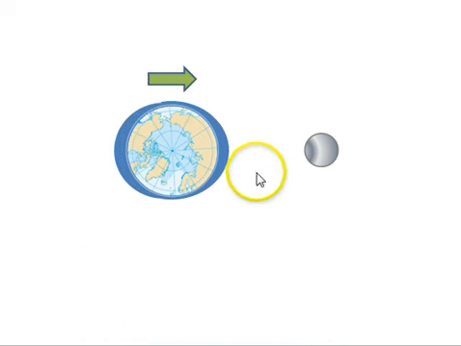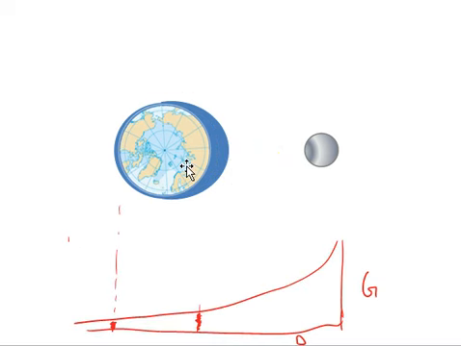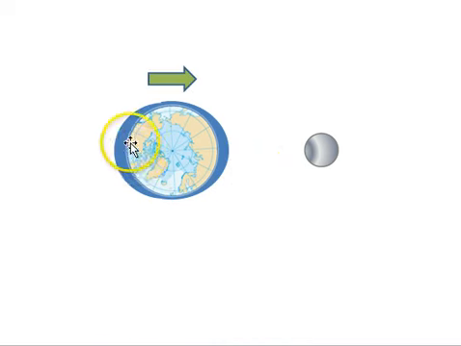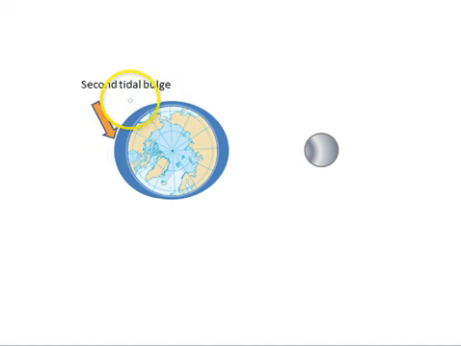So whereas the planet gets pulled over towards the moon some, this water on the far side of the planet does not get pulled as much. So some of it stays behind. Some of it can get pulled over a little bit, but overall you end up with a second tidal bulge on the opposite side of the planet because of that shift. Watch, the Earth shifts over towards the moon, but this water on this side doesn't shift.